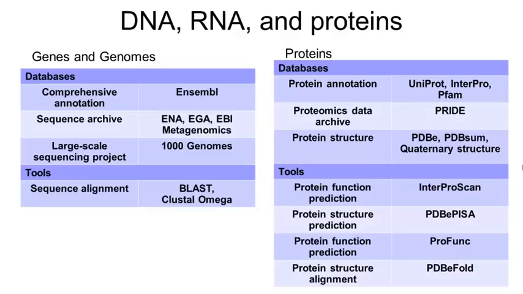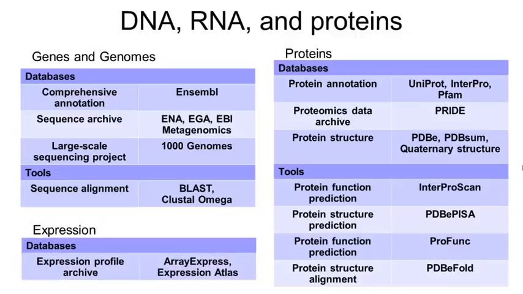In addition to databases, EBI also provides lots of tools for protein sequence and structure analysis, such as InterProScan, PDBe PISA, ProFunc, and PDBe Fold. In addition, EBI is home to expression data repositories such as ArrayExpress and Expression Atlas.